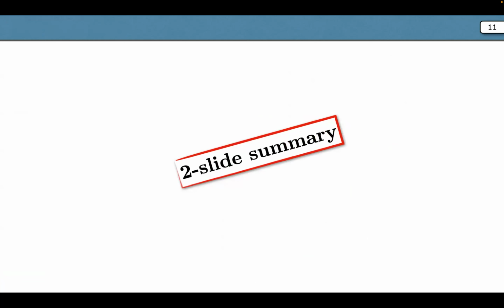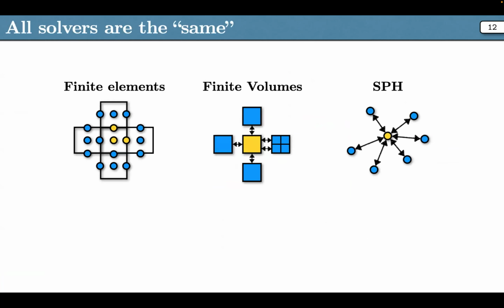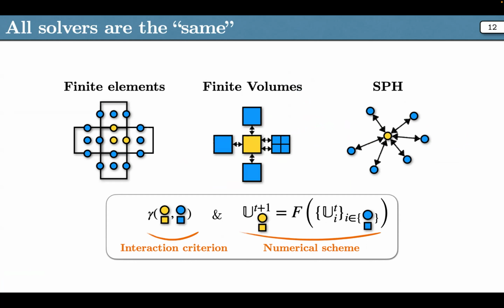Anyway, a two-slide summary of what Shamrock is: you have three methods in astrophysics, finite element, finite volumes, and SPH, all of which can be summarized in the same aspect, as in you have an interaction criterion that tells you whether two objects are neighbors or not in your simulation, and on the other side, a numerical scheme that says each element in your simulation will be updated as a function of its neighbors.